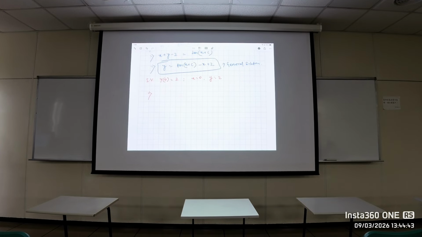So we can now rewrite the problem by putting this value. 2 is equal to tan 0 plus c minus 0 plus 2.